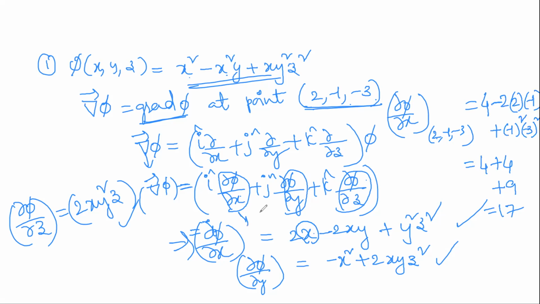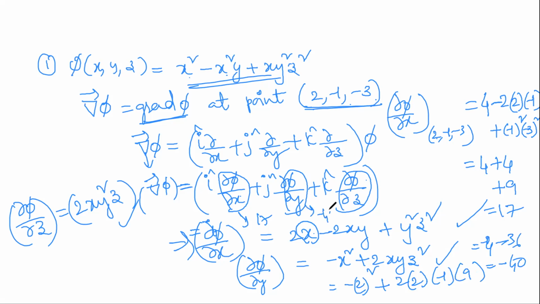So my dou phi by dou x is 17. Similarly, dou phi by dou y equal to minus 2 whole square plus 2 into minus 1 into 9, right? So what I'll get here is minus 4 minus 36, so minus 40. So dou phi by dou y is minus 40. What is dou phi by dou z here? 2 into minus 1 whole square into minus 3, so minus 3 into 4, 12.